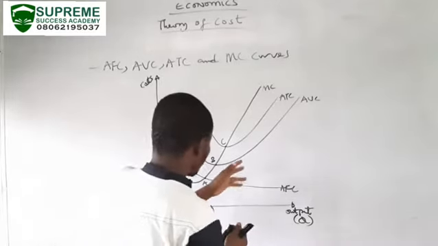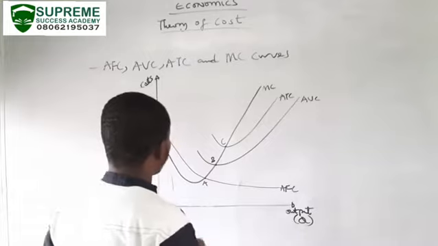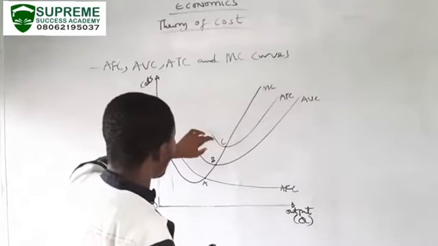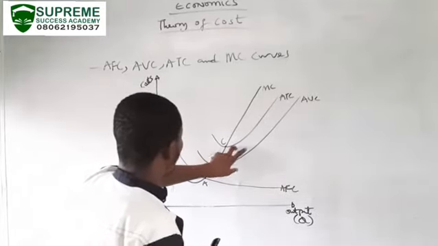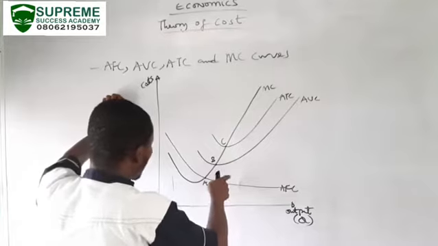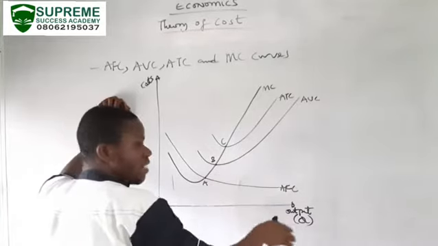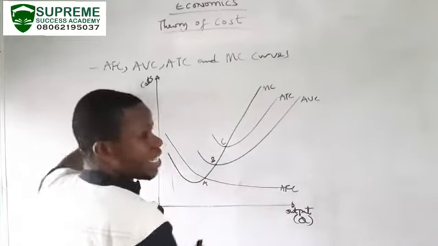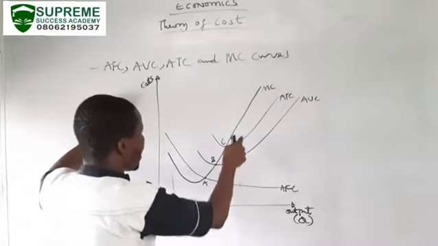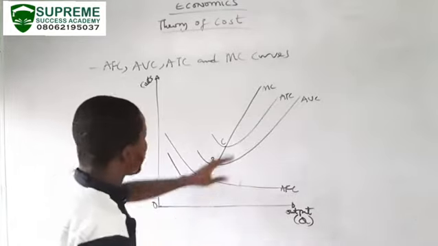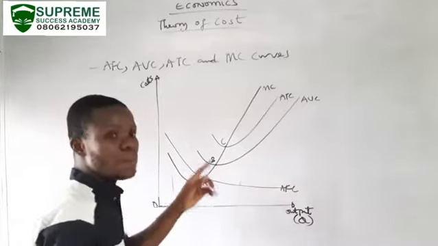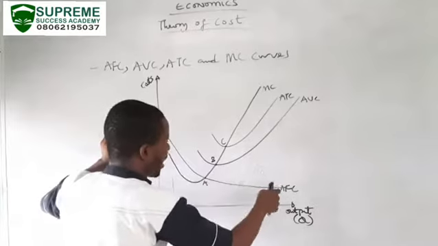Another thing you need to learn here is that average total cost is usually above average variable cost, because the average fixed cost continues to fall to a particular extent, and there will be offsets which make average total cost always above both average variable cost and average fixed cost. Remember, average total cost is the combination of average fixed cost and average variable cost.